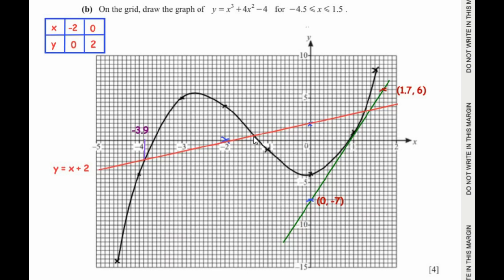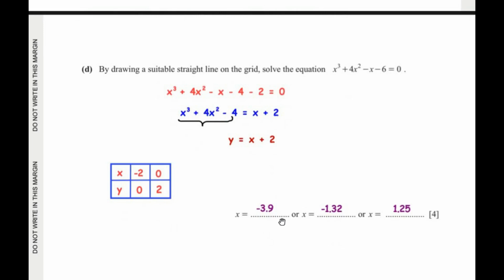So approximately negative 1.32. And finally it cuts over here at this point. So it is going to be 1, 1.1, 1.2. So approximately between 1.2 and 1.3 it is. So I'll be considering it as 1.25. So these are the three x coordinates where the line cuts the curve. So let us write here. So the x coordinates are negative 3.9, negative 1.32 and 1.25.